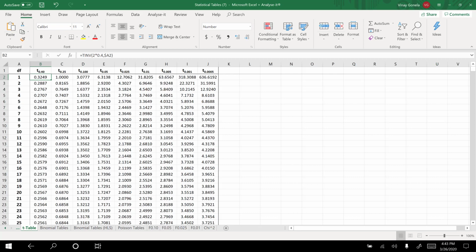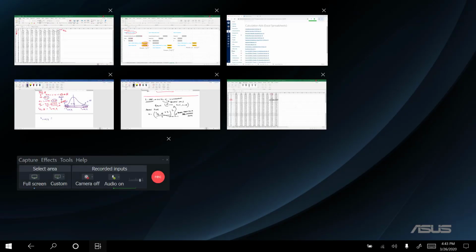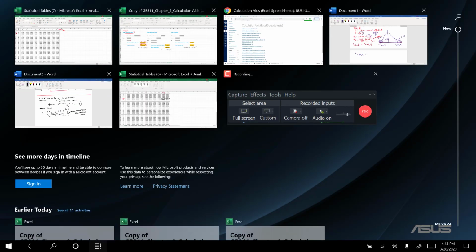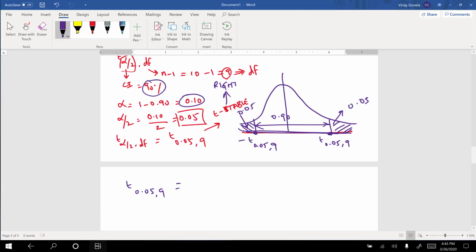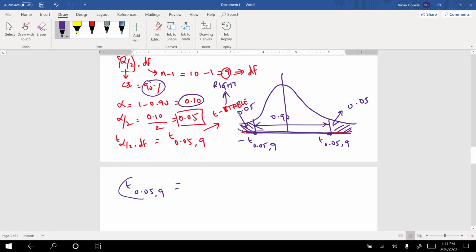The columns represent degree of freedom, and these represent the values of T alpha over 2 or T alpha, whatever, and later on we will talk about it. We might use T alpha over 2 or T alpha. At this time it is T alpha over 2, so we are looking for T 0.05 with degree of freedom 9.